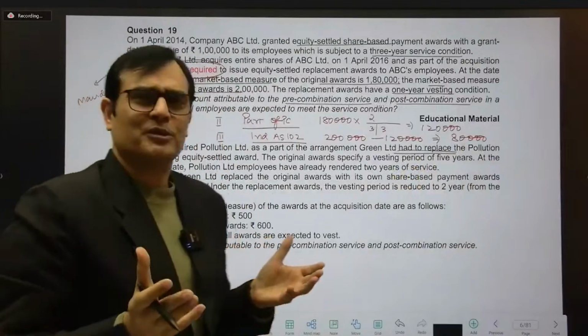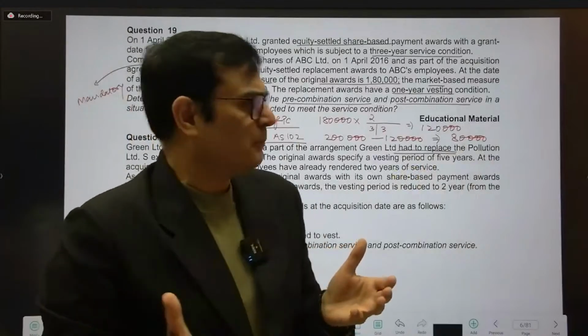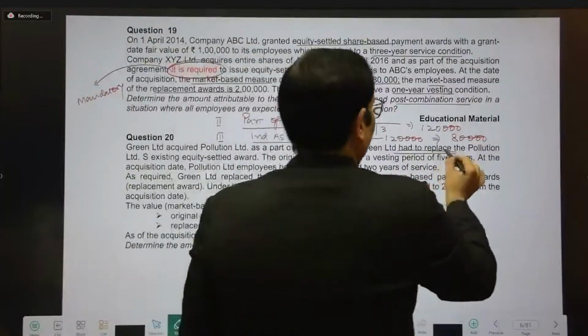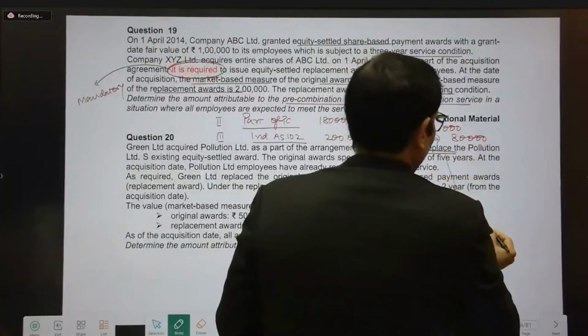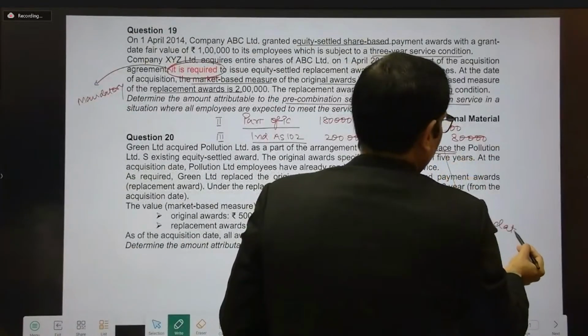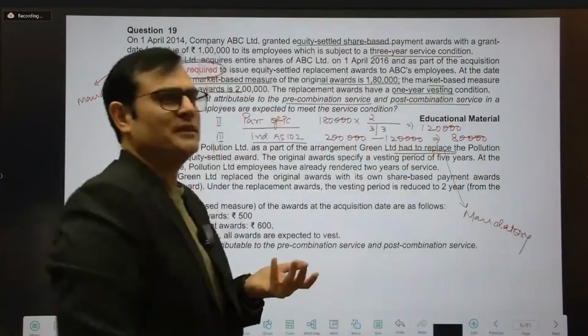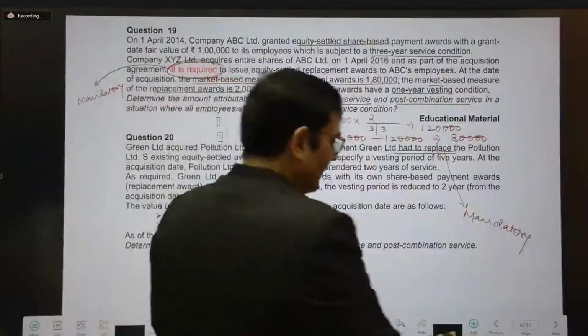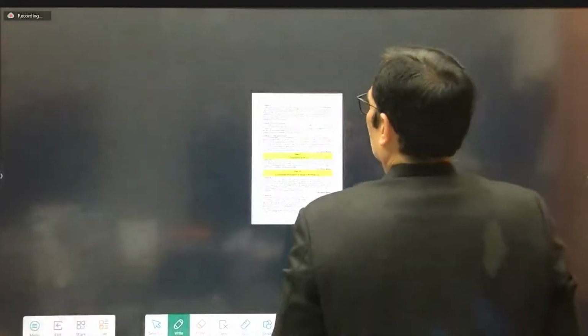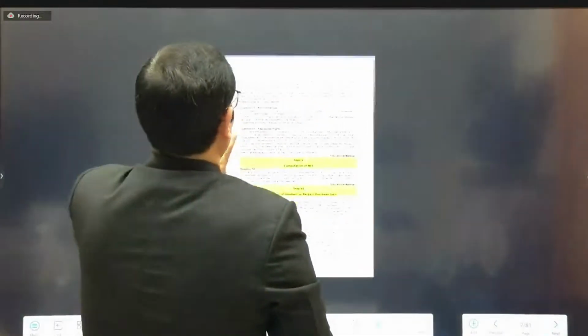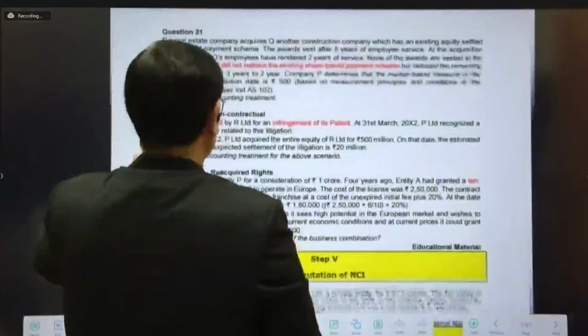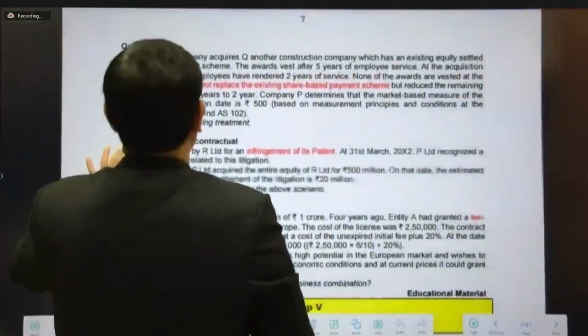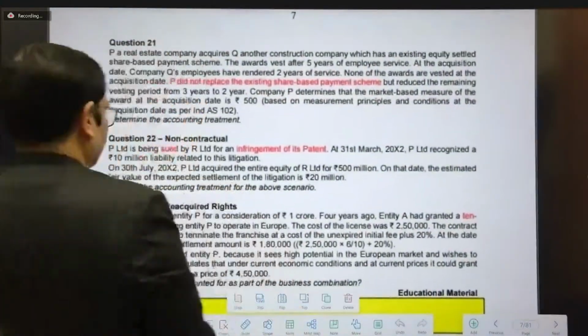I think you can do this question because when it says it had to replace, it is pretty clear that this is again a case of mandatory replacement. It is a question in the study material and I think you can easily manage it. Okay, I've taken a question on another one as well. Let's have a look at question number 21.